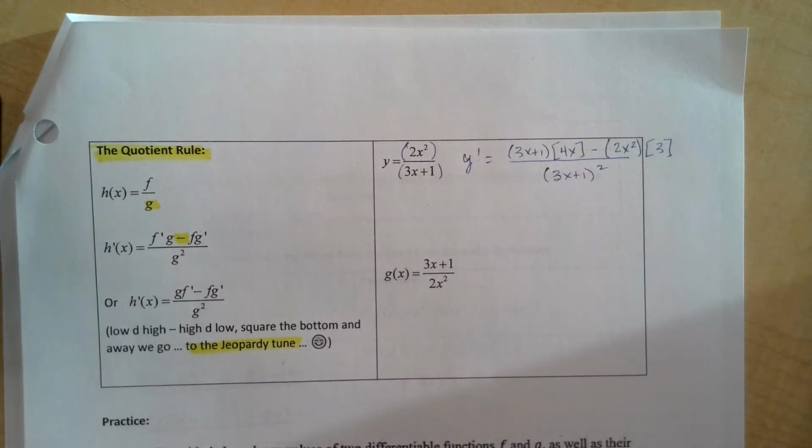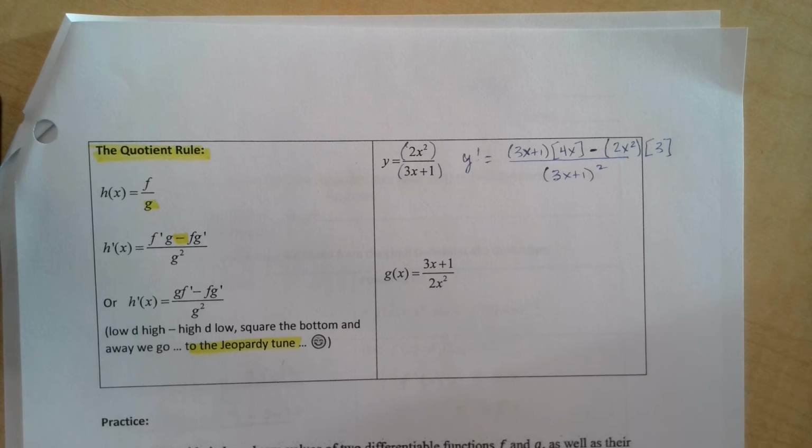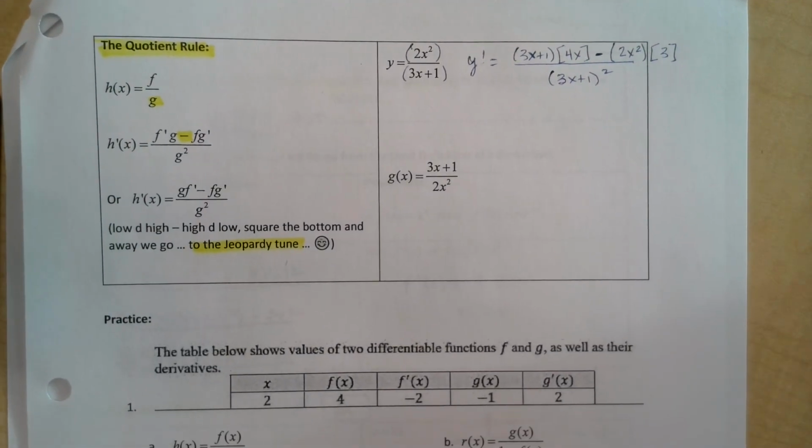And that's it. Some teachers will have you simplify, but for now, while we're getting used to using the rules, we'll go ahead and just plug it in and have everything in the right place before we get too overwhelmed by the algebra.